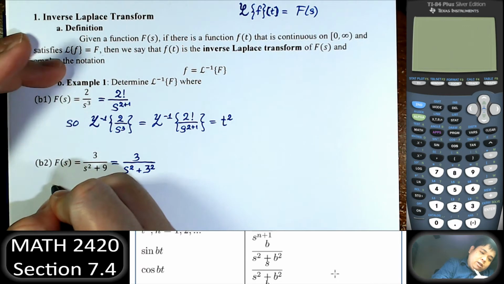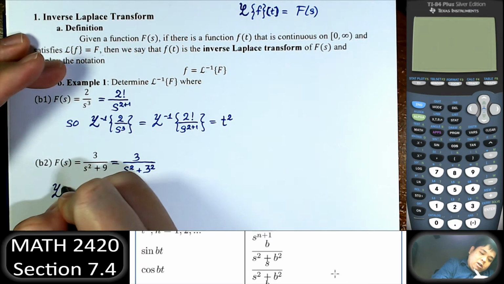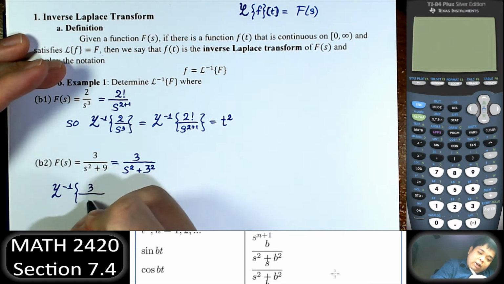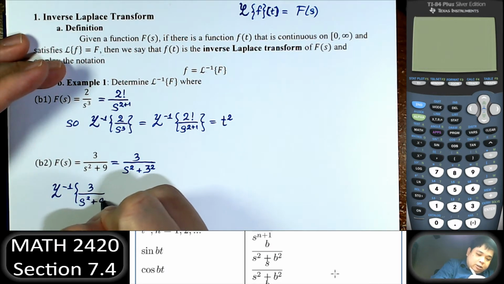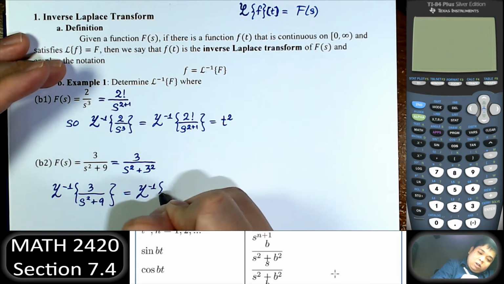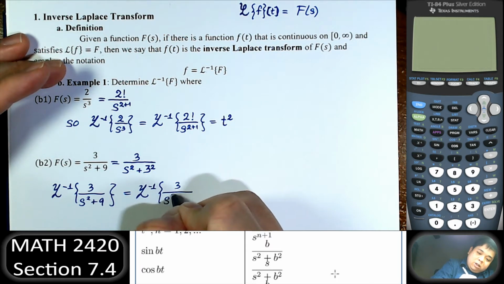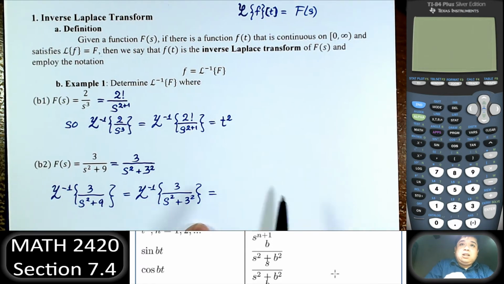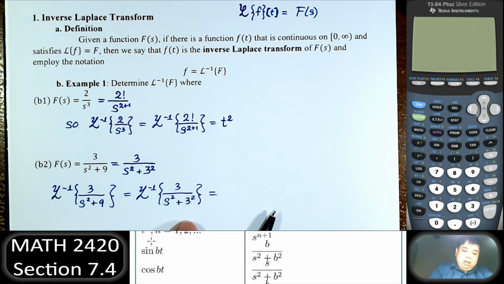So the inverse Laplace transform of 3 over s squared plus 9 is the same as the inverse Laplace transform of 3 over s squared plus 3 squared.